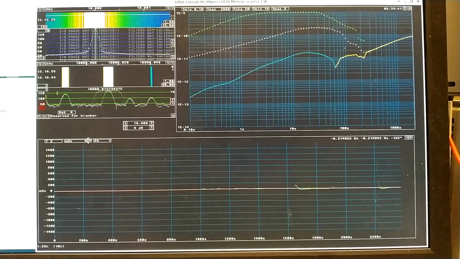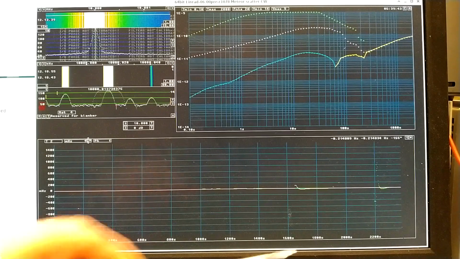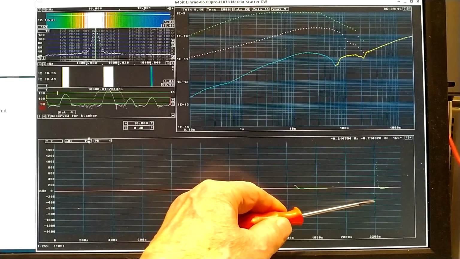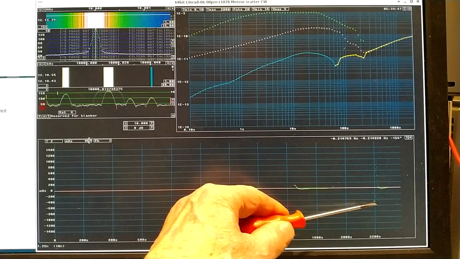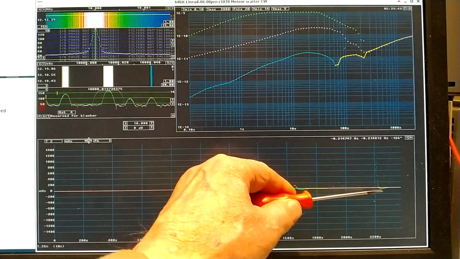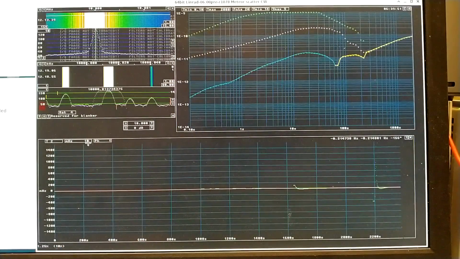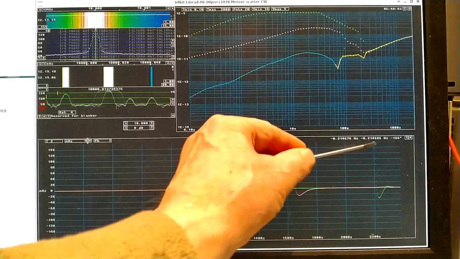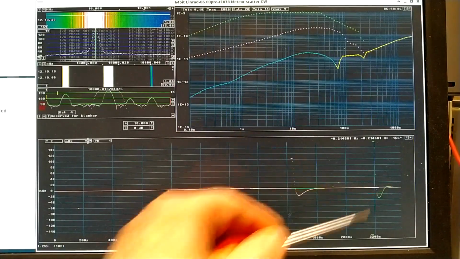Channel 1 shows an oscillatory behavior. Here is while I had it shorted. Then it goes up and it goes below. And when I increase the gain, I can see that it is low, it is high, it is low, it is high.